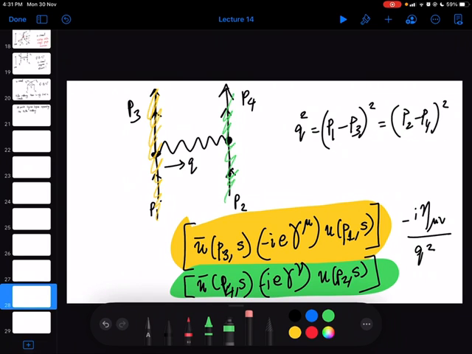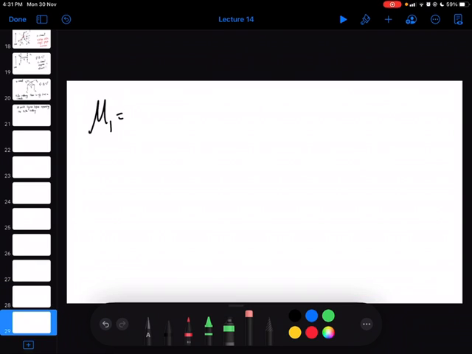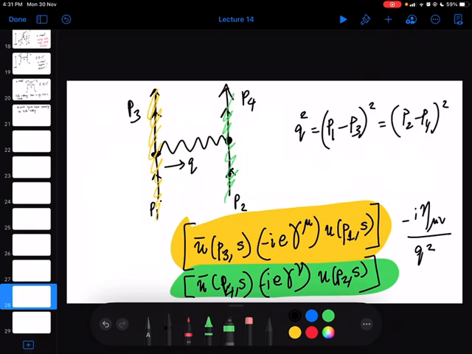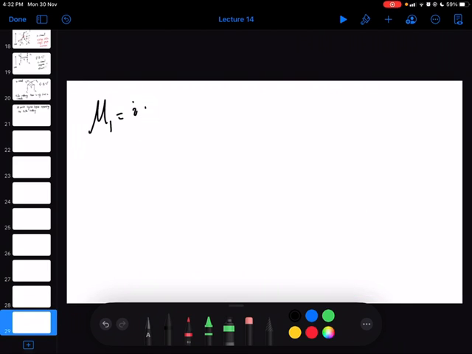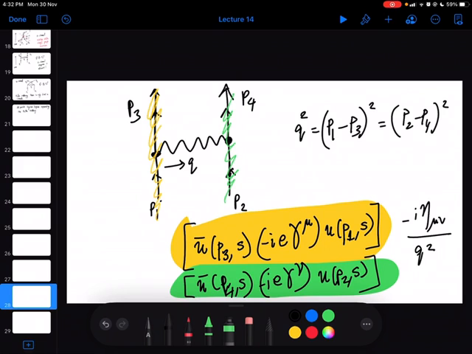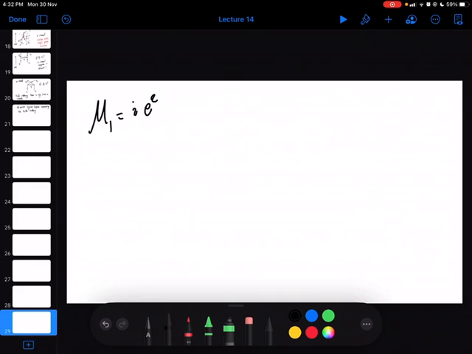There are how many i's? 1, 2, 3 i's, so 3 minus signs, so that is minus i cubed, which is plus i. Then e square, because there are two vertices, by q square, because I can take this out.